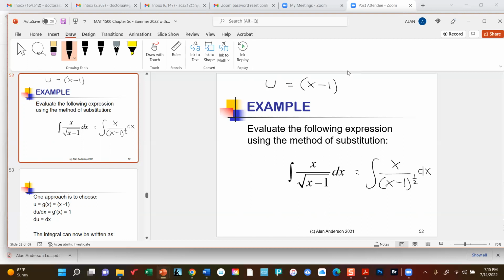Let's try u as x minus 1. It's just 1. Okay.